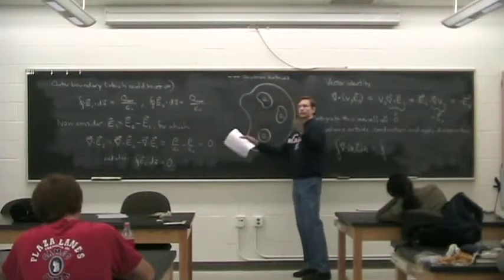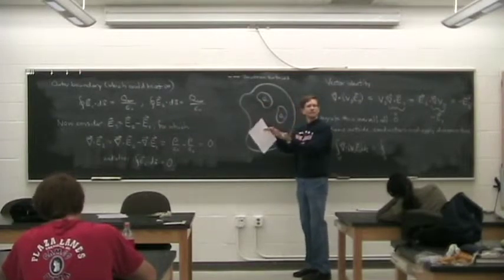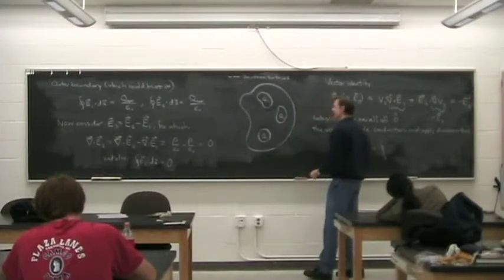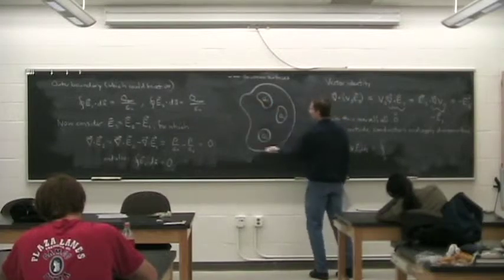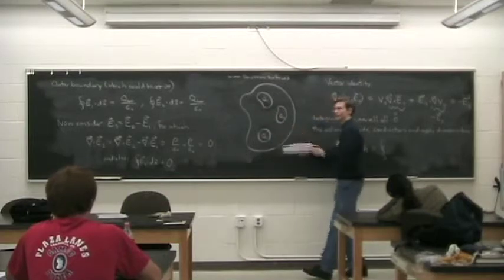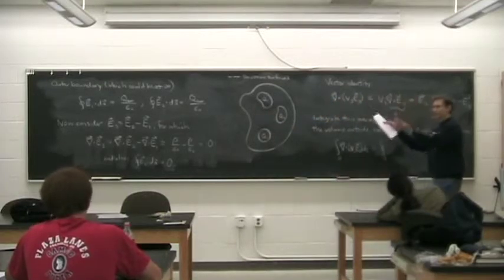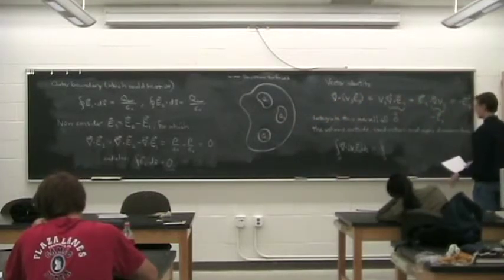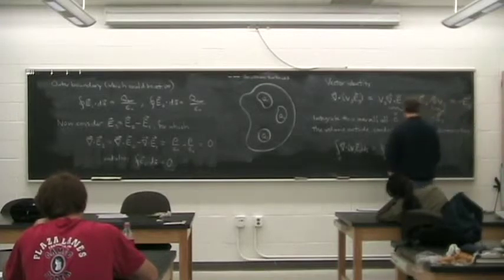It's okay for the surface bounding a volume to have multiple disconnected pieces. So it has this outer piece and, in this case, three inner pieces surrounding the conductors. The boundary surface is multiply connected.